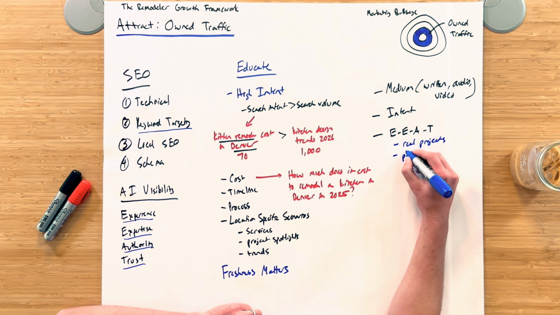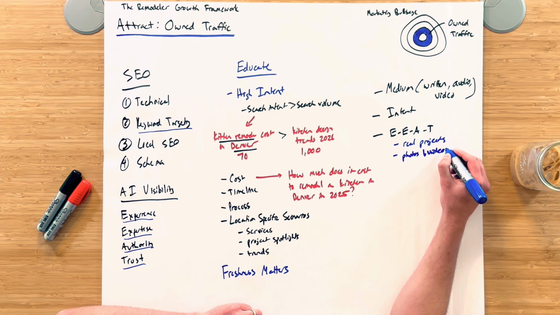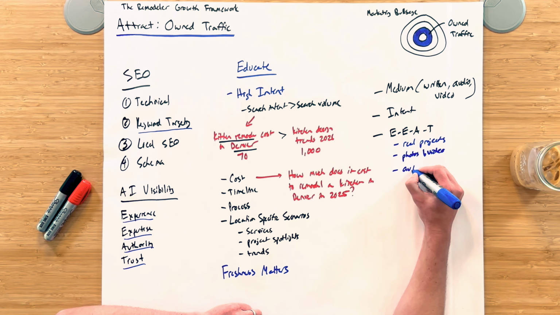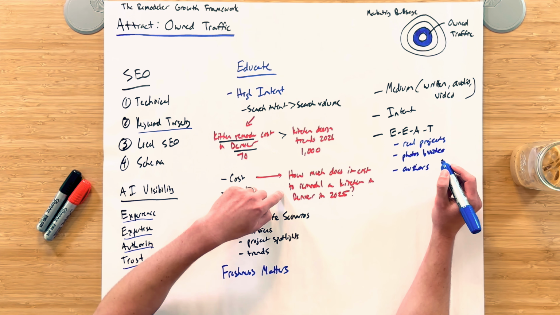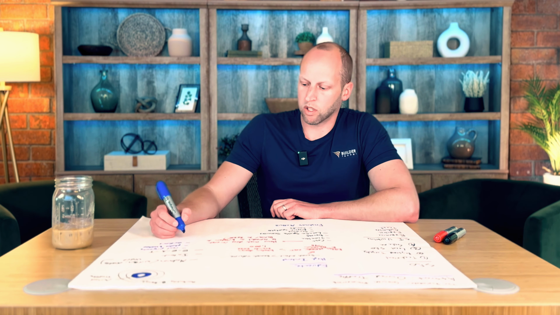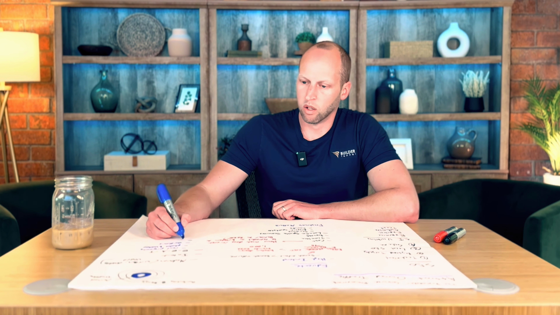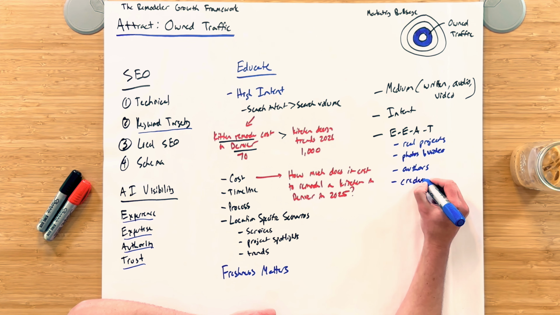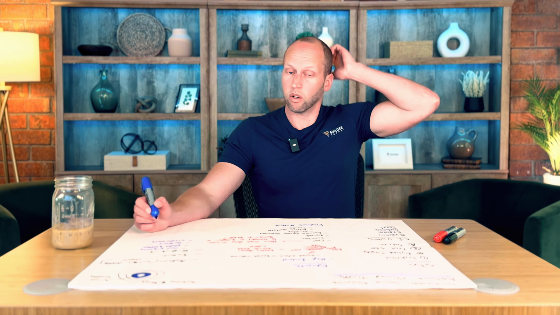It's going to be photos and videos of those projects. We're going to have authors on the blog content that we're creating and writing, or on the videos or anything that we're building out. We want to make sure we're having that tag to an author so we can start to build that authority. We've got credentials. So this is going to be things like certifications that either your company has earned, or individuals on your staff or you as the owner have had to get.